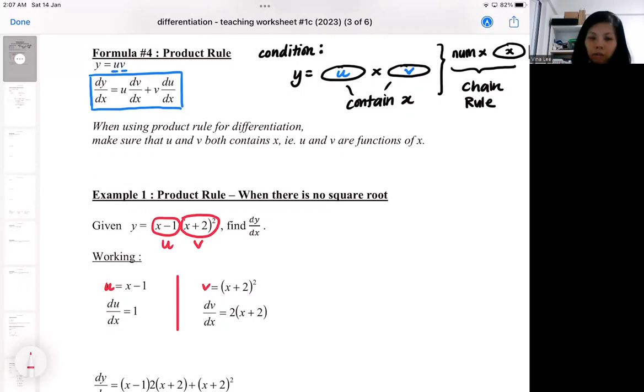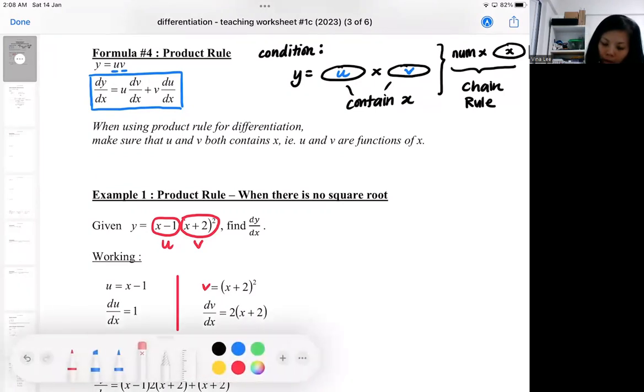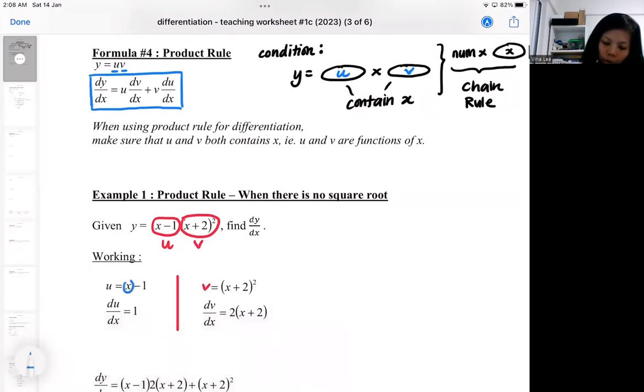So the notation, take note, this is U of X, so you will be getting a du dx. Please take note of the notation, or else you'll be very confused. How do you even plug into the formula? The notation will be du dx. You will use the rule. This one will be rule number 2. This one will be rule number 1.